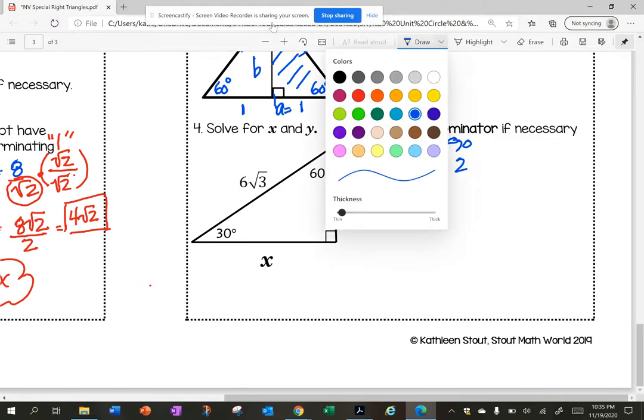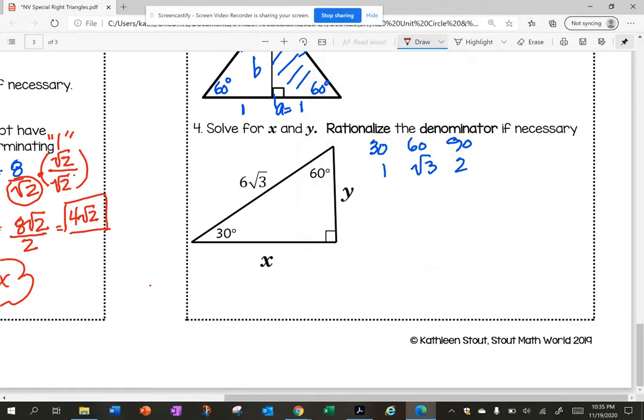And then I want to put what's in my triangle. What's across from 30 is y. What's across from 60 is x. And what's across from 90 is 6 times the square root of 3. So these are equivalent fractions.